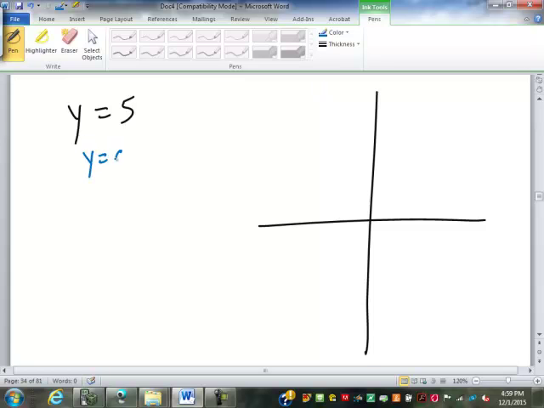It's y equals 0x plus 5, because 0 times x is 0. That's the same thing. So we're going to start out at positive 5, right? And this is 0 over 1, which means we rise 0, run 1. It's a flat line at y equals 5. It has a slope of 0.